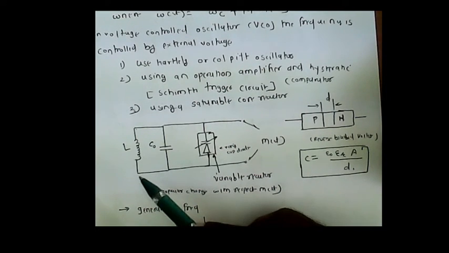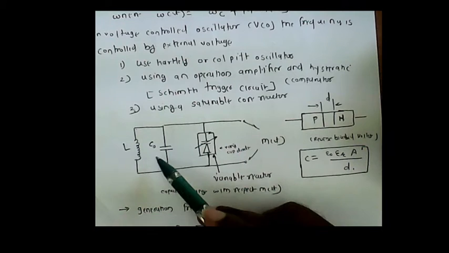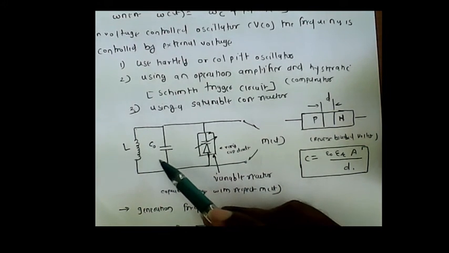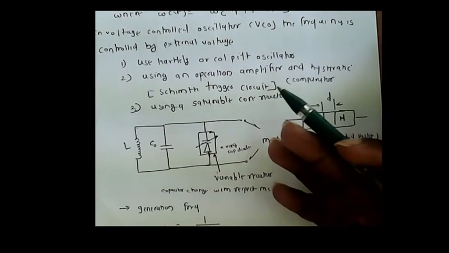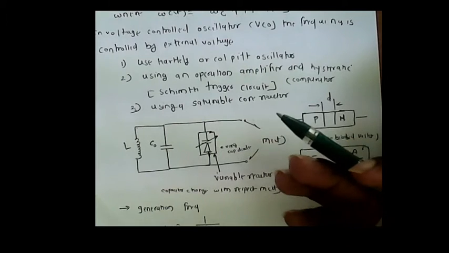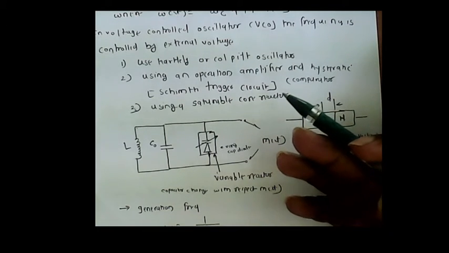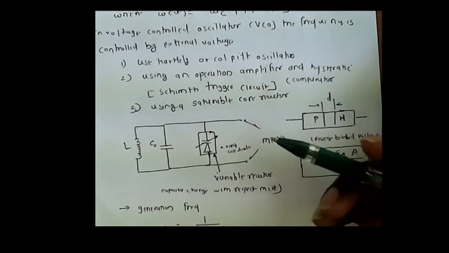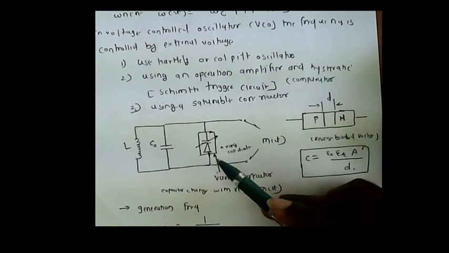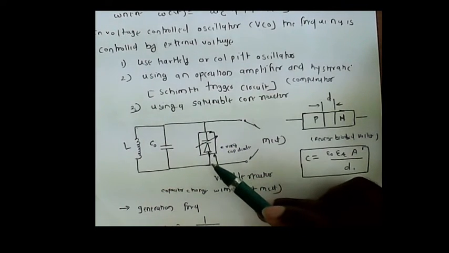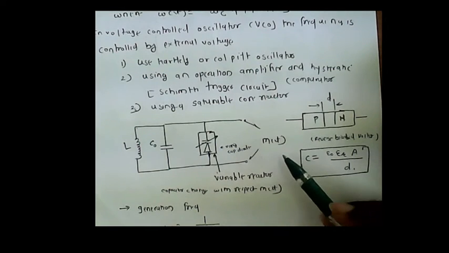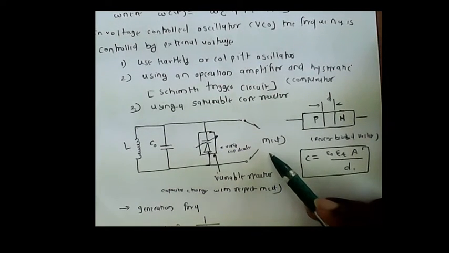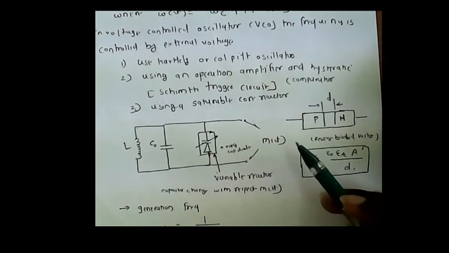Here we consider an inductor, an output capacitor C0 and a variable reactor. A variable reactor may be a capacitor or an inductor. Here, a varicap diode is connected as the variable reactor, and the input signal, that is the modulating signal, is applied here.